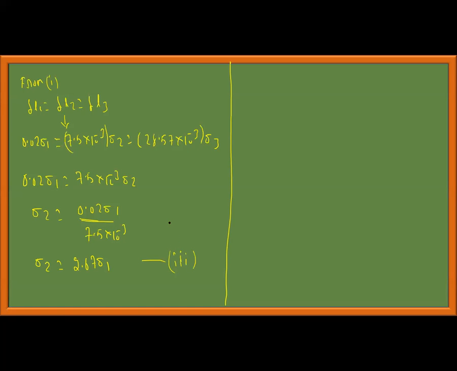Next, I will make use of the expression 0.02 sigma 1 is equal to 28.57 into 10 power minus 3 sigma 3, or 0.02 sigma 1 by 28.57 into 10 power minus 3 is equal to sigma 3.